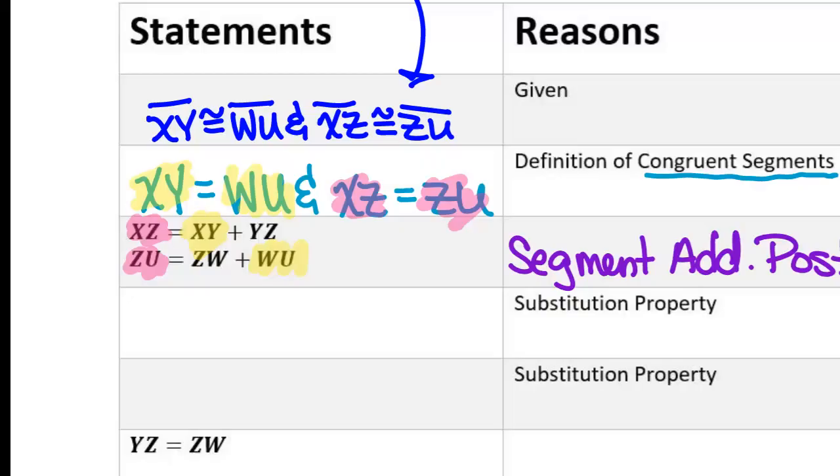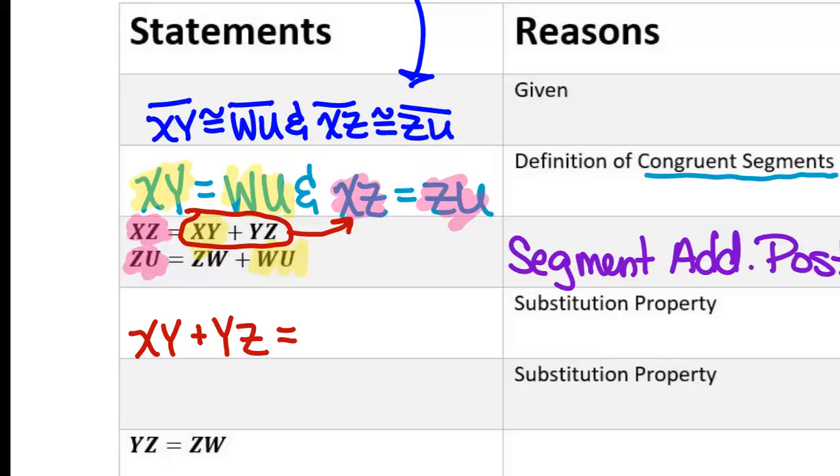XZ is right here, right? What is the same size as XZ? XY plus YZ. So I can take all of this right here and make it take the place of XZ. So I can say XY plus YZ equals. What did I just do? Substitution.